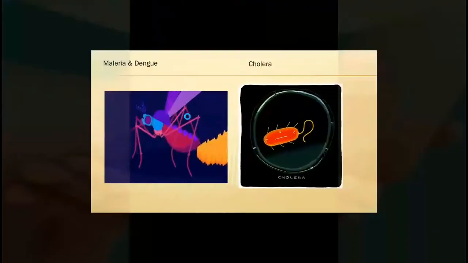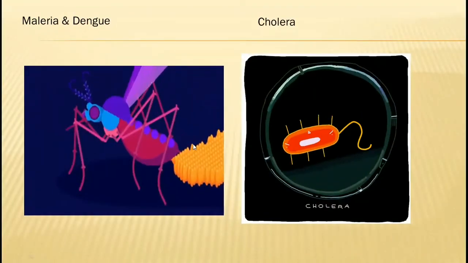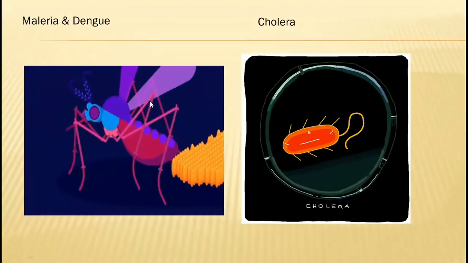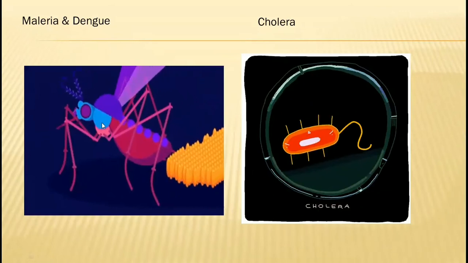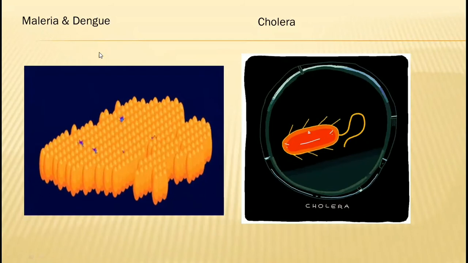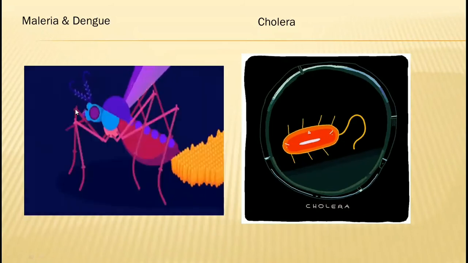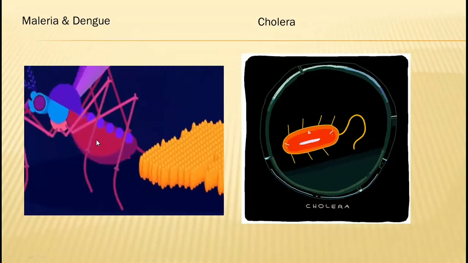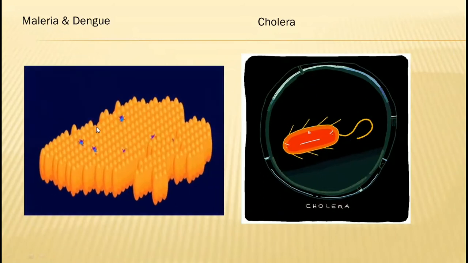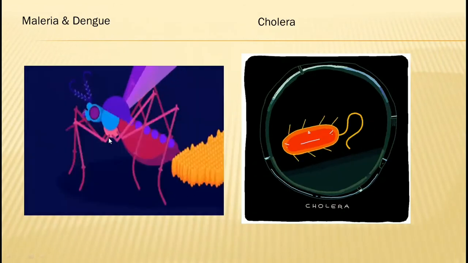Then here you have to see another two images, that is malaria and dengue. You all know that these two diseases come from mosquitoes, but these are different mosquitoes. Suppose you are suffering from malaria, then this is caused by a protozoa.